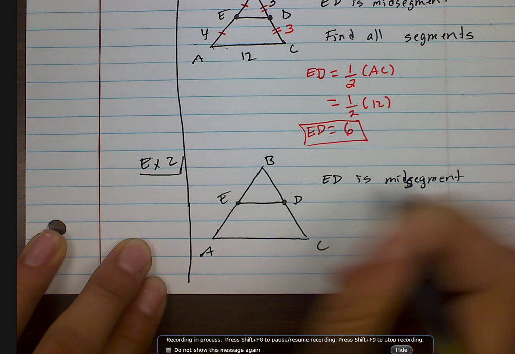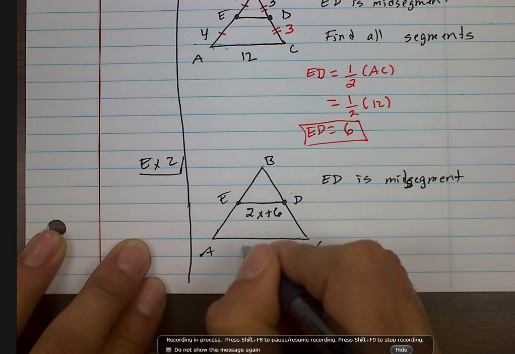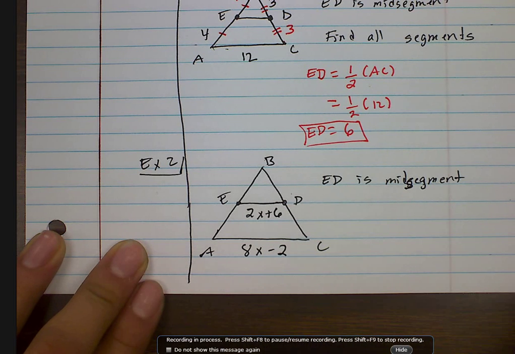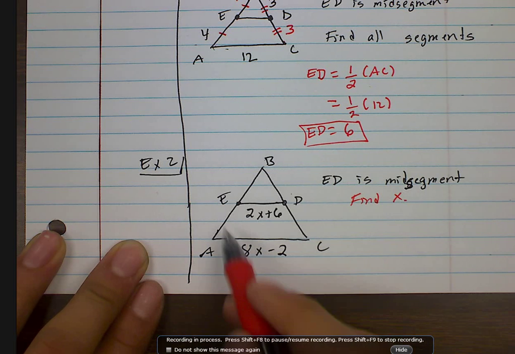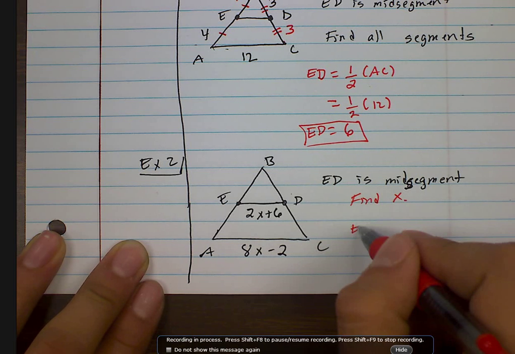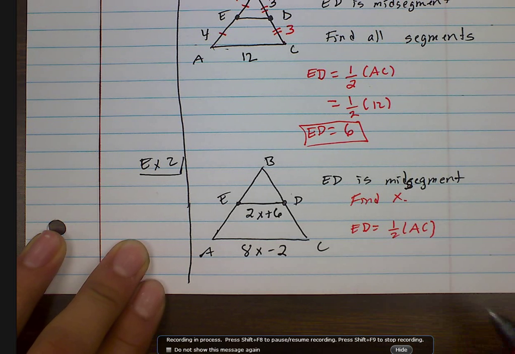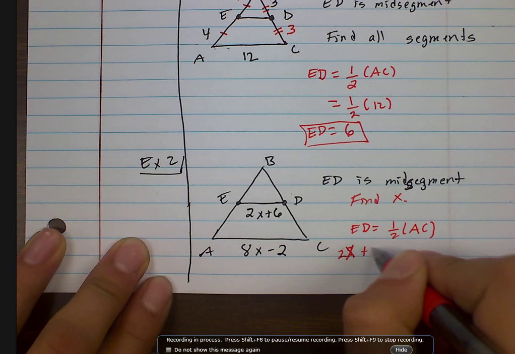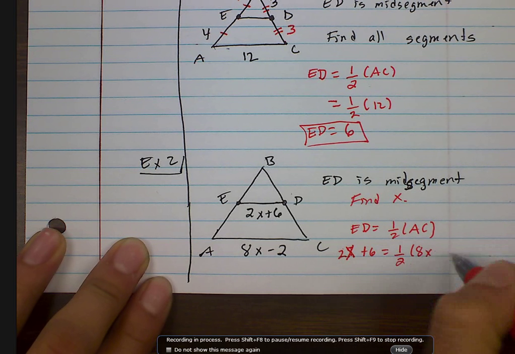And then this one is 2x plus 6, and this one is 8x minus 2. So how can we find x? Well, we know that ED, the mid-segment, is 1/2 of the third side, which is AC. So ED is 2x plus 6, and that is equal to 1/2 of AC, which is 8x minus 2.